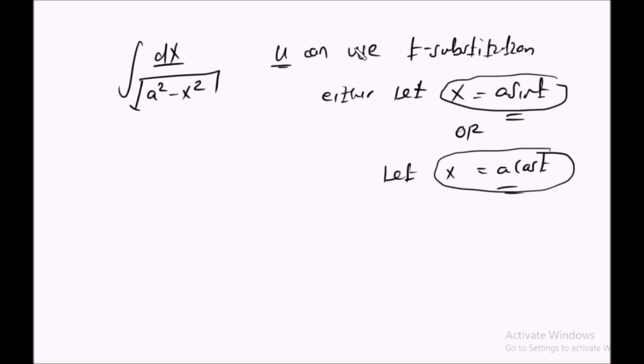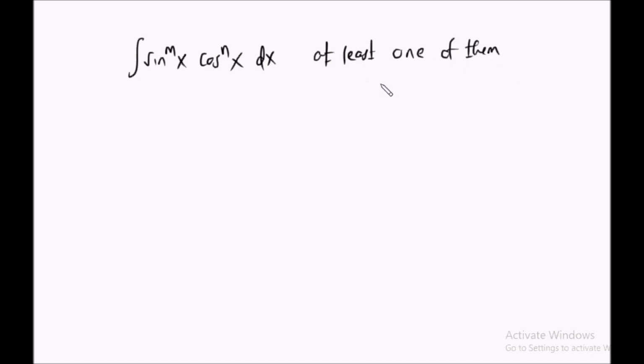So this is another application of the substitution method. This was an application which we have not yet studied. Another application of the substitution method is when you meet an integral of this type, sin of x power m times cos of x power n dx, where at least one of m and n is an odd number.